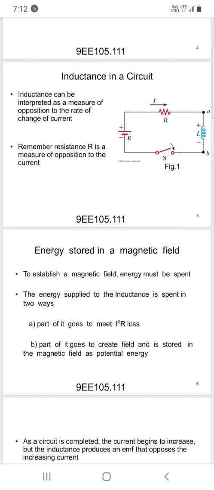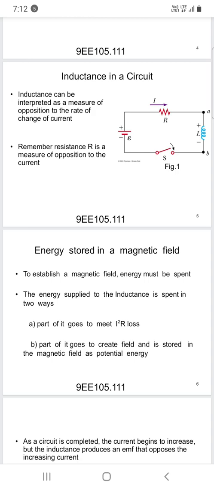You have to observe the electrical circuit diagram: the inductance is denoted with L, and it is in series with switch S. Now we have to define the inductance in this electrical circuit.